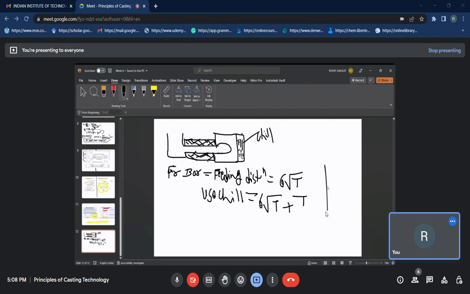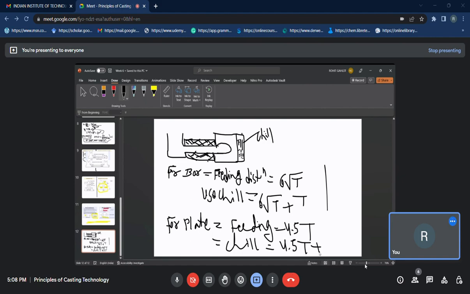For a plate, your feeding distance will be 4.5 t, and if we use chills, then this will be 4.5 t plus 2 inches. These are the general conventional formulas.